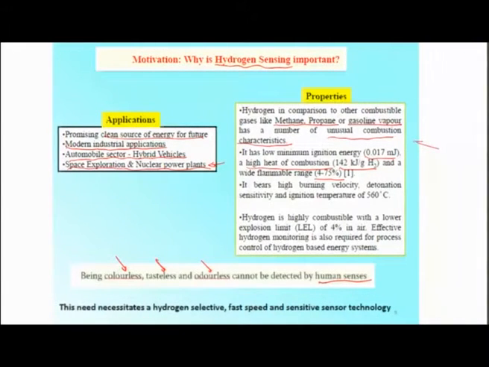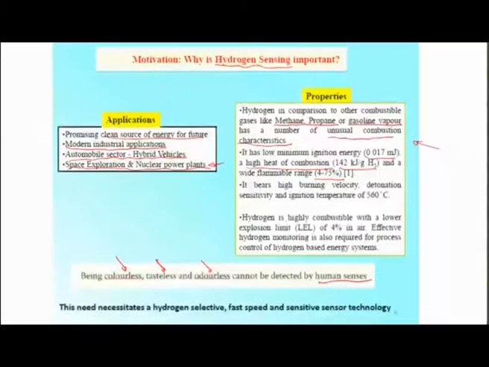So, when we are talking about sensing, it is a very common practice, as you will see in most of the literature also, to start with a gas like hydrogen, which is really at the top of the pyramid in terms of its ignitability, or in terms of the kind of energy release that it would have, and the criticality that it might lead systems to be in once it leaks.